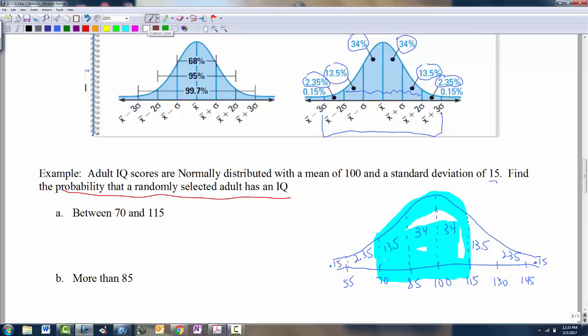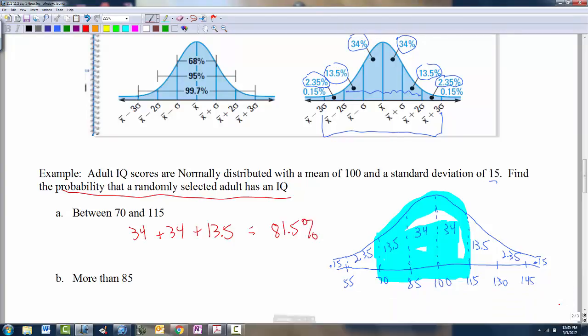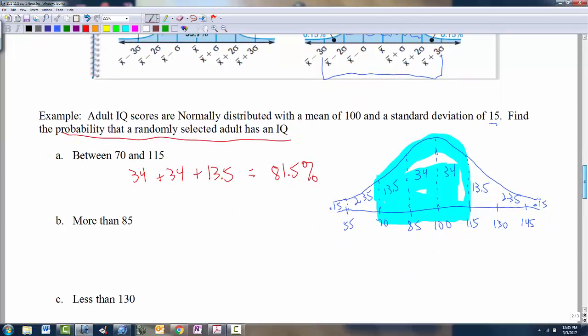Just add them up. Can anyone add those up? Is it 81.5? Can we get a heck yeah? All right, 81.5%.